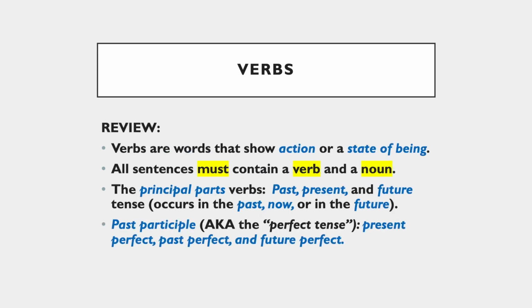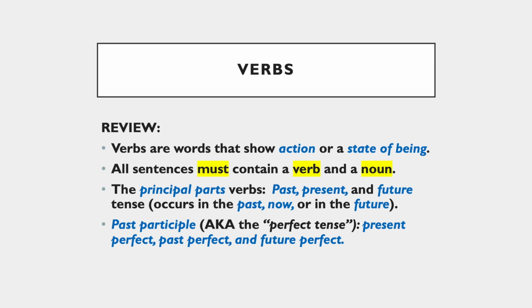Okay, to review, verbs show action or a state of being. All sentences must have a verb to go with the noun, the subject. The principal parts of verbs, the ones that we are probably the most familiar with, past, present, and future.